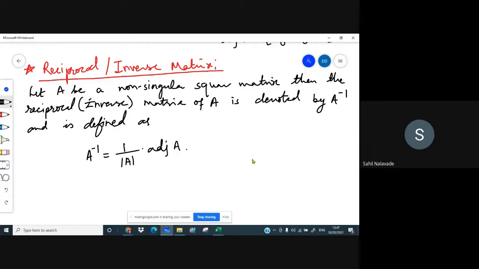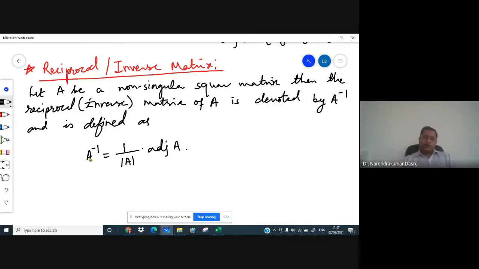So to calculate A inverse, we must know the adjoint, and we know that determinant of A is not equal to 0 because we have already declared the matrix to be non-singular. It is a square matrix, so we can find its determinant, and since the determinant is not equal to 0, it is a non-singular matrix.